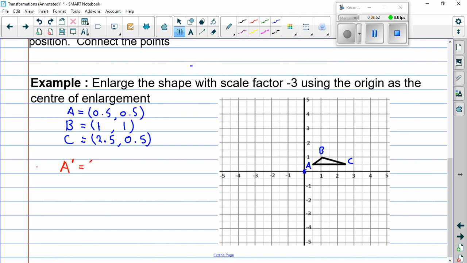So here we're going to do 0.5 times negative 3 and 0.5 times negative 3. Our coordinate for our shape afterwards will be negative 1.5 and negative 1.5.